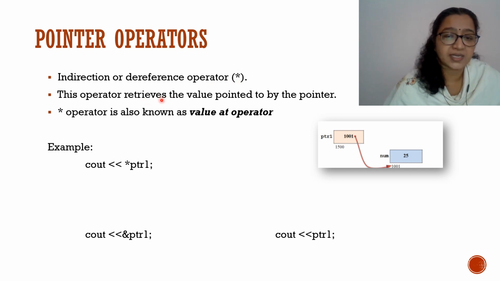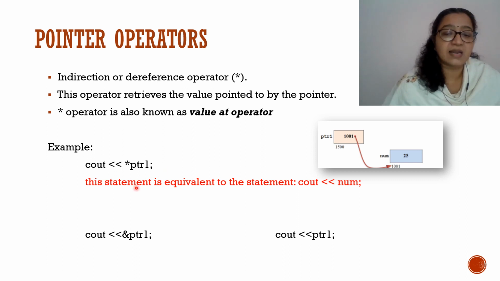The star operator retrieves the value pointed to by the pointer. So, here star is the pointer operator and PTR1 is the pointer variable. PTR1 is pointed to which one? That cell's value. So, this statement is equivalent to which one? This statement is equivalent to the statement cout num. What is the result of cout num?